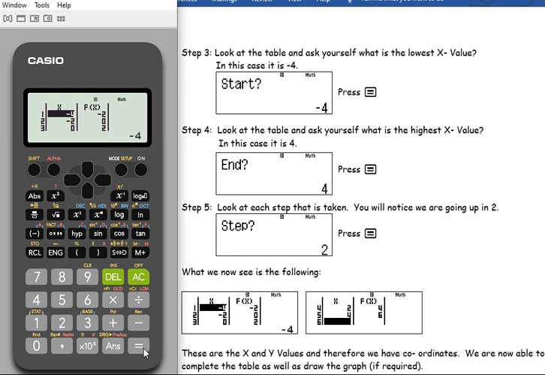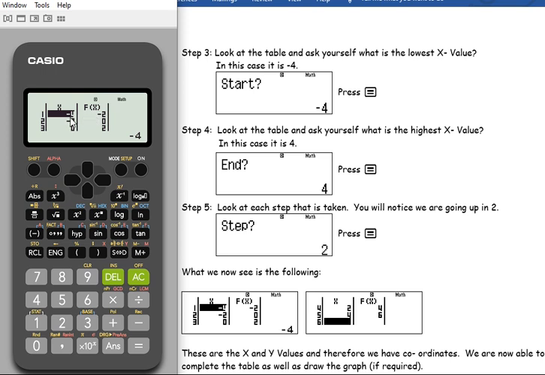Now, what do we notice? A table has been generated for us. In this table, we have got a column of x values and we have got a column that says f of x. Another word for f of x is y. Now remember that if I have x values and if I have y values, this indicates that I have got a set of coordinates.